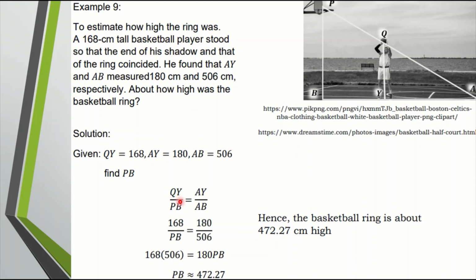So, QY over PB is equal to AY over AB. So, 168 over PB. PB is the height of the ring. Therefore, AY is 180 and AB is 506. So, cross-multiply ulit natin siya or means extremes product law. This will become 168 times 506 is equal to 180 PB.